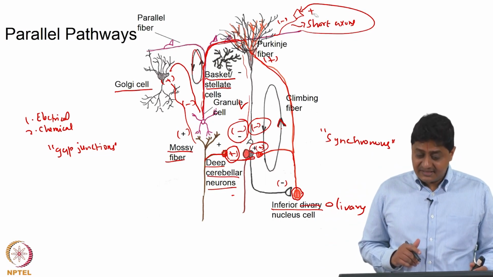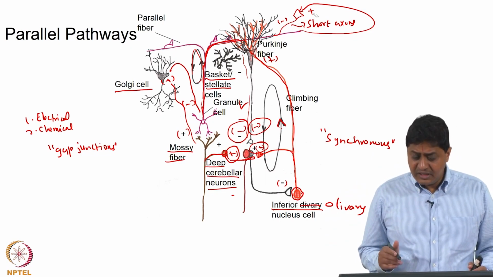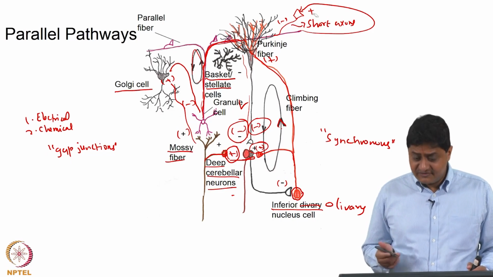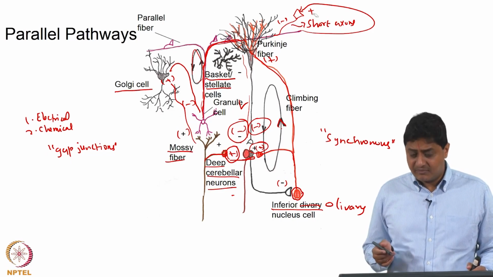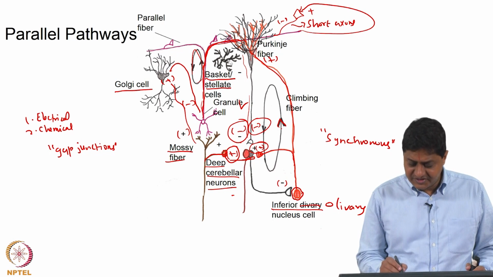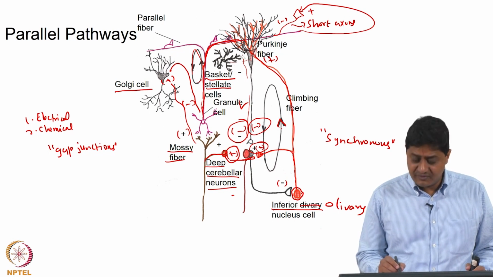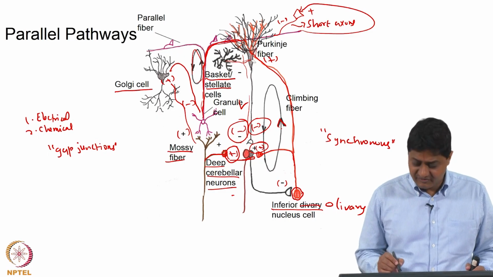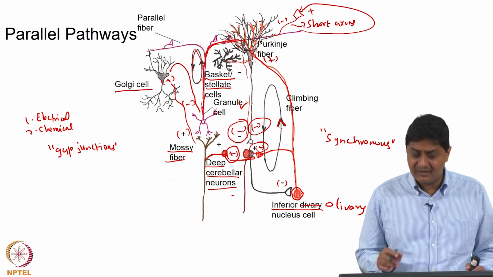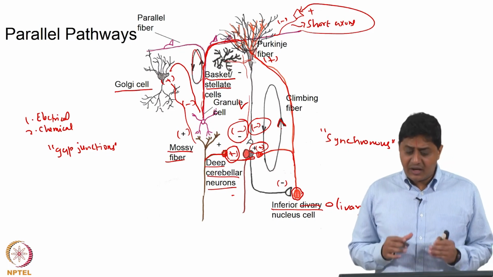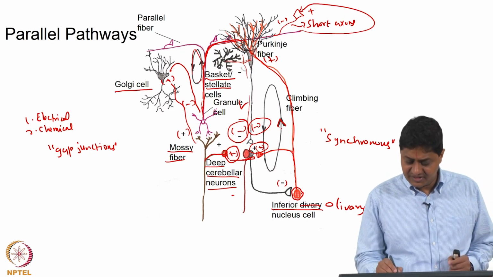Whereas basket cells are unique. They also receive inputs from parallel fibers, but they project onto the Purkinje cells, sometimes to the cell bodies of the Purkinje cells and nearby dendrites, causing relatively strong inhibition when compared with the stellate cells.